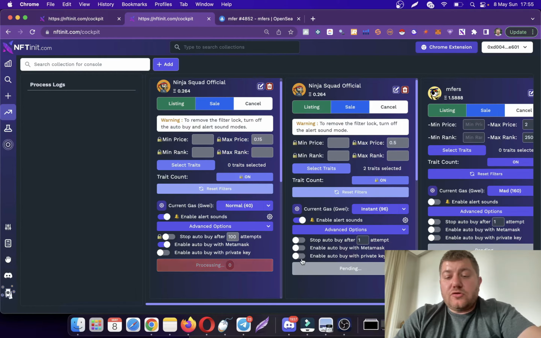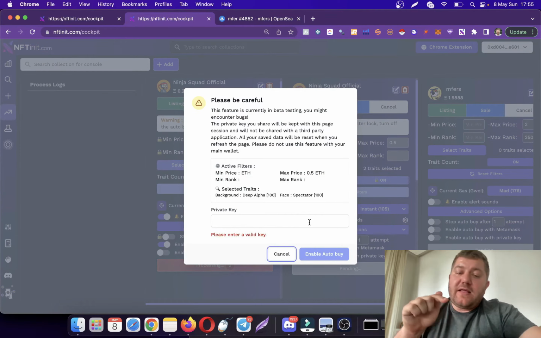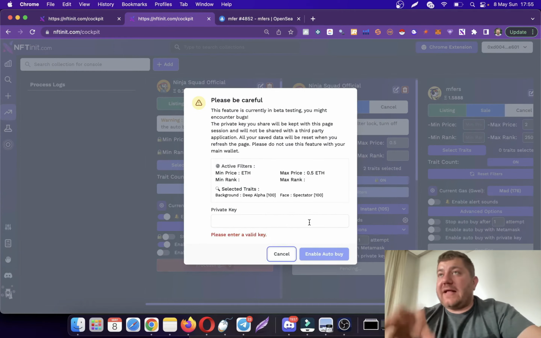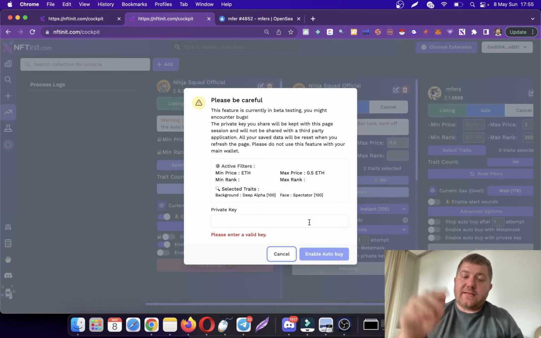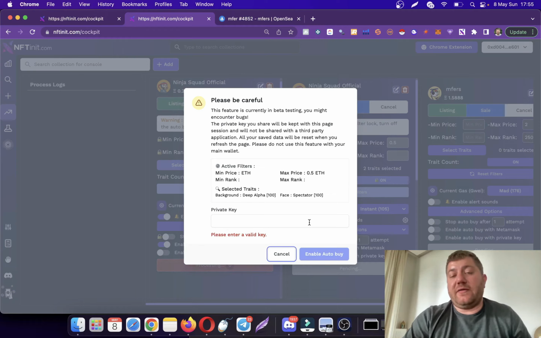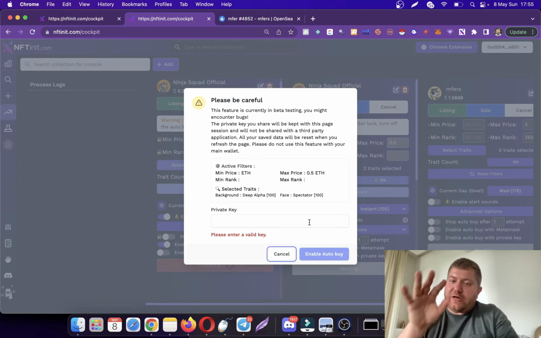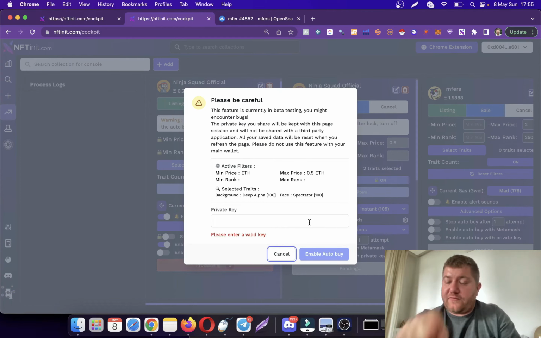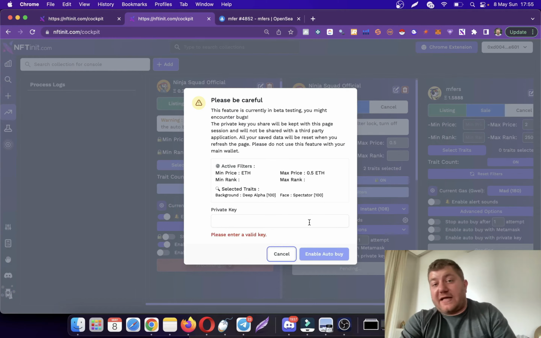I want to use the private key for this one. If I want to make the system work in the background, so it's going to make the purchase even if I'm sleeping, then I would have to use the private key option. This is quite advanced because you have to make sure what you are doing if you are using this one, because the system is going to make the purchase without asking you.